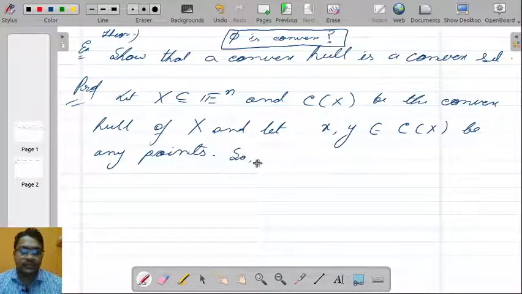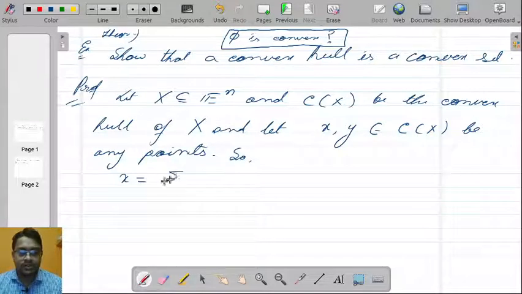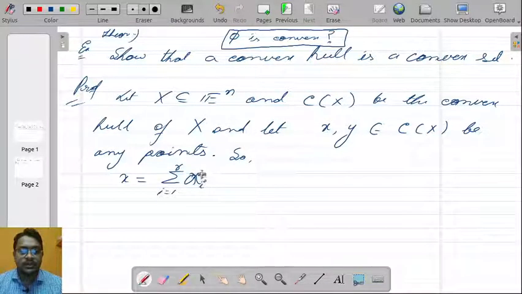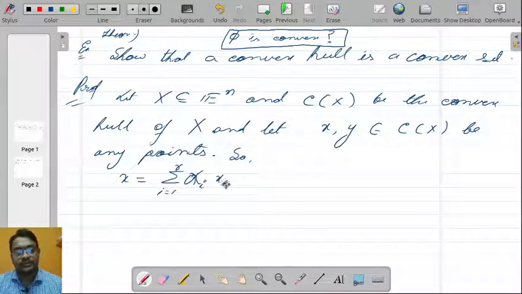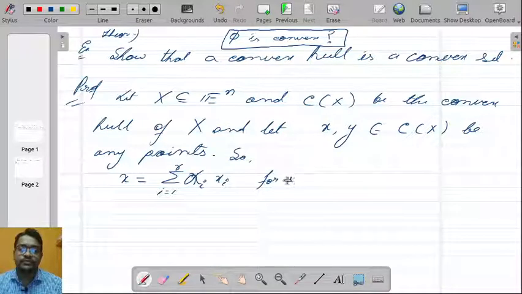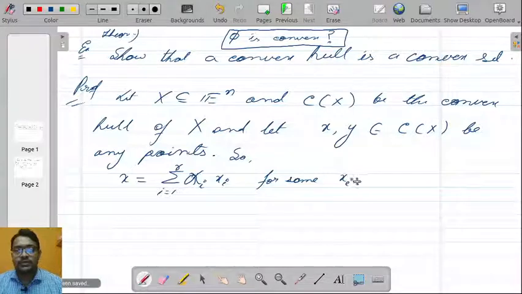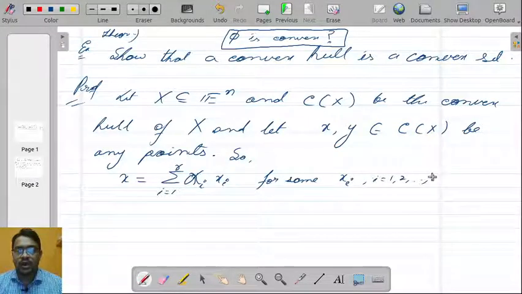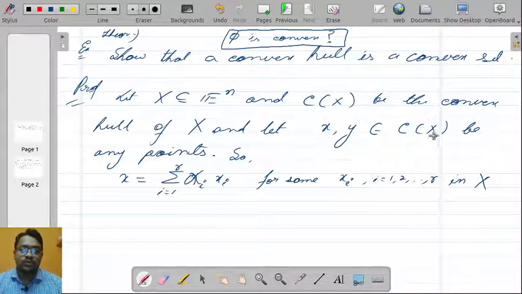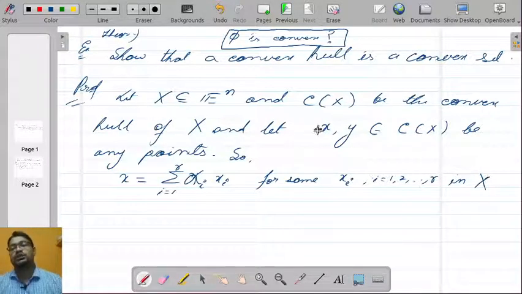So x will be equal to the summation, i goes from 1 to r, of alpha i x_i, for some x_i, i from 1 to r, in X. What are the points of C(X)? Points of C(X) are just convex combinations of the points of X. So here small x is a point inside C(X).